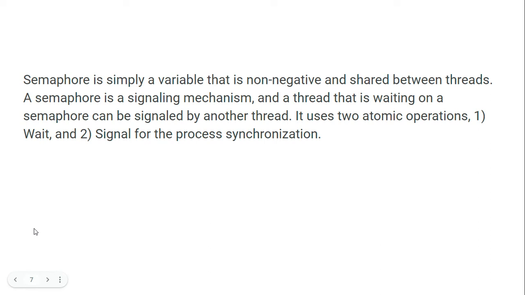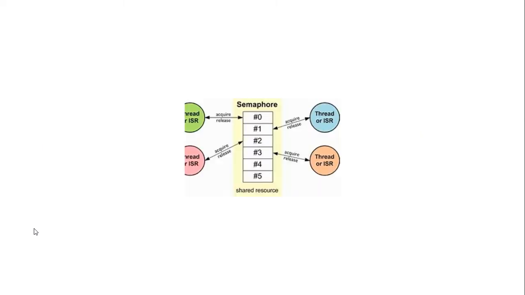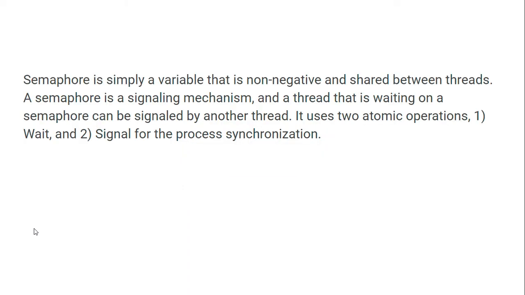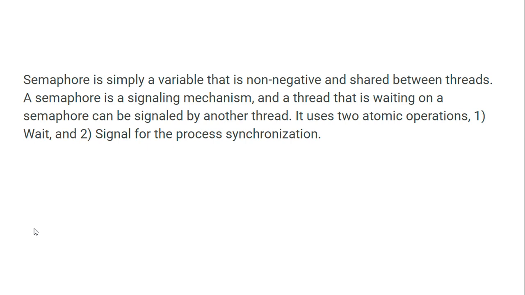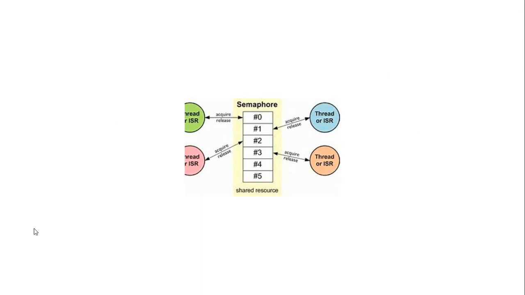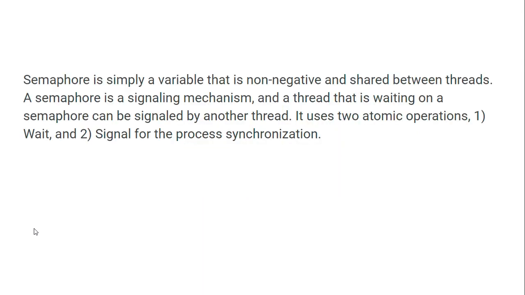Here is the semaphore. I am not going to discuss the semaphore in detail with an example today. Just for understanding purposes, a semaphore is used where multiple threads can acquire the lock. In the case of a mutex, one thread acquires the lock and only it can release the lock, but a semaphore allows multiple threads to access, and the lock is released using a signal, like one thread sending a signal to another thread to release the resources.